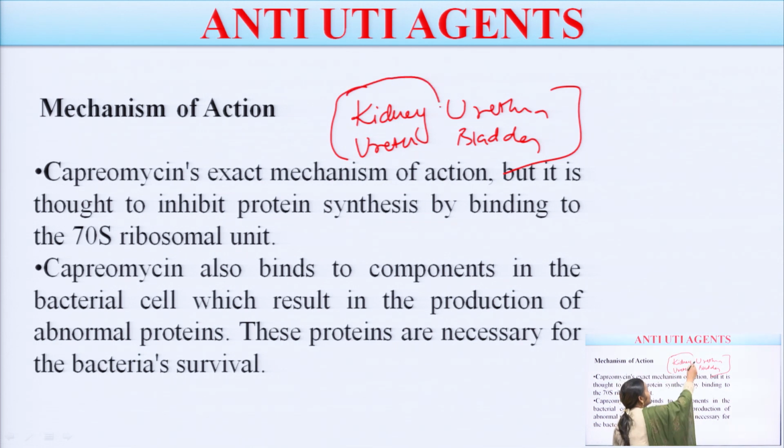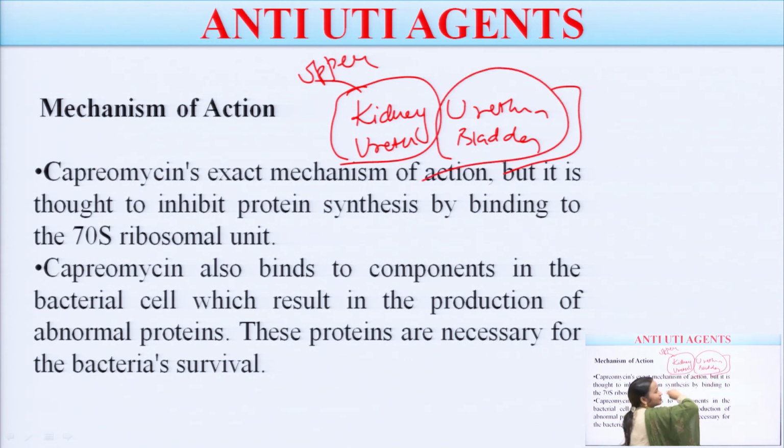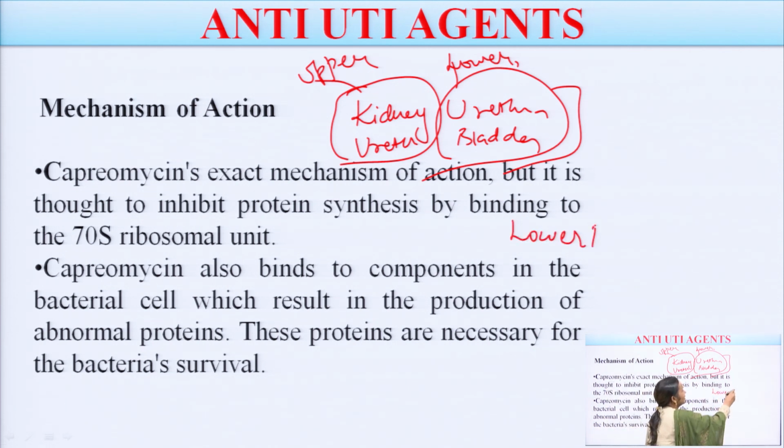If it occurs in the kidney and ureter, it is known as upper urinary tract infection. If it occurs in the urethra and bladder, it is known as lower urinary tract infection. Infection can move from the lower urinary part to the upper part.